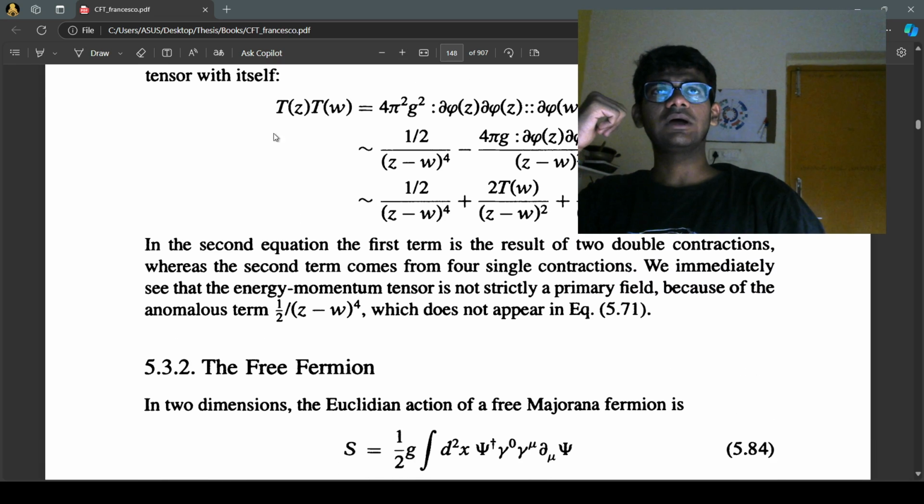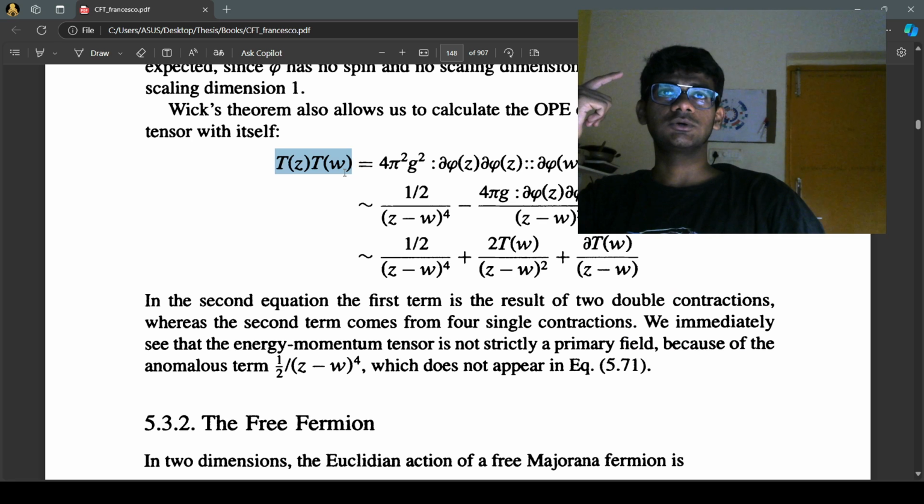So you evaluate this correlation function between two EM tensors at two different points, obviously.